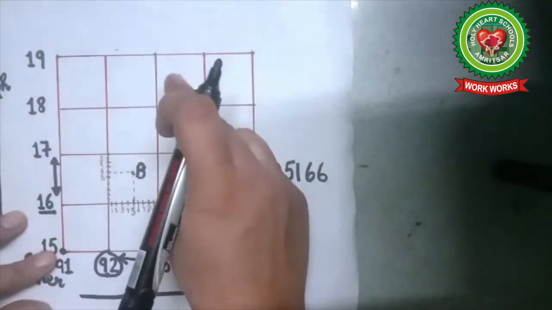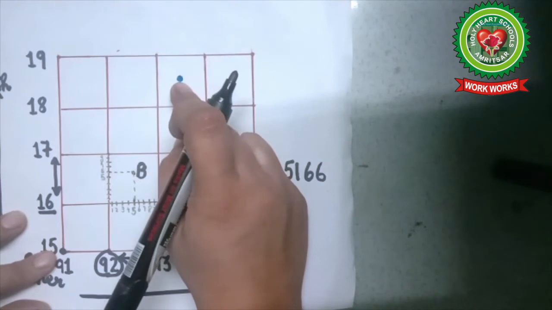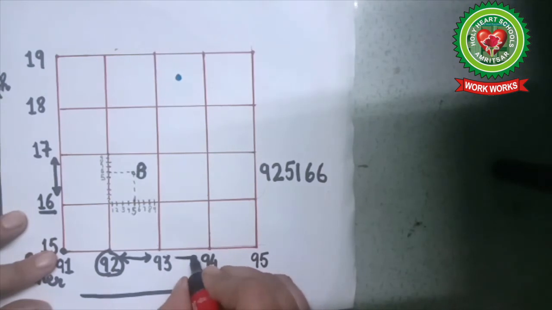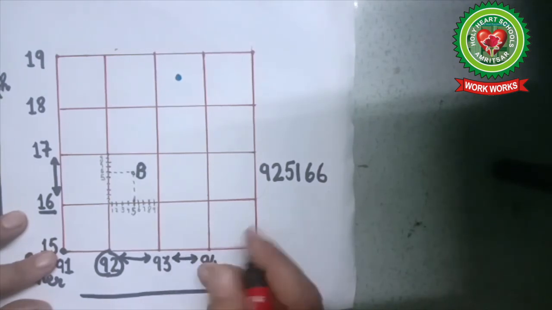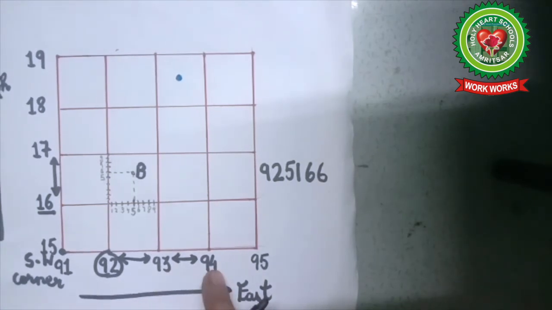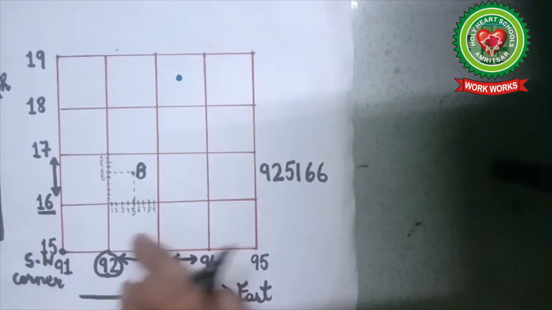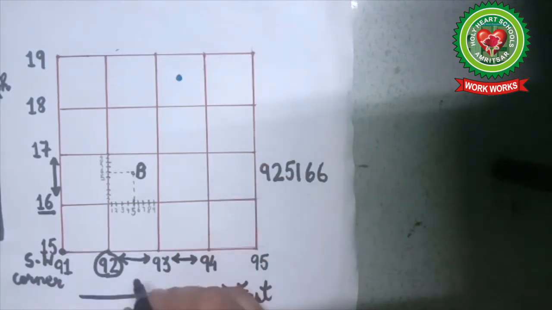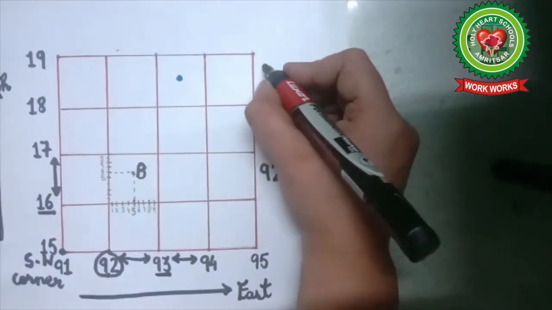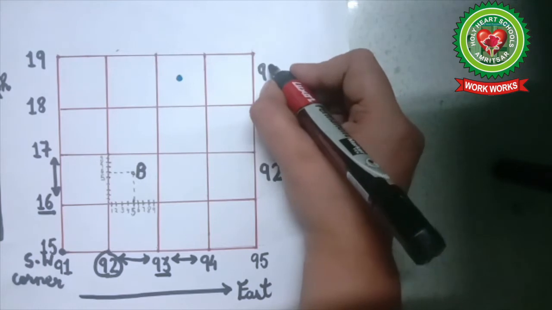So we can see this perennial line well lies between the eastings 93 and 94. Now children, which is the lower value among these 93 and 94 towards the southwest corner? Right, it is 93. So we will write down 93.